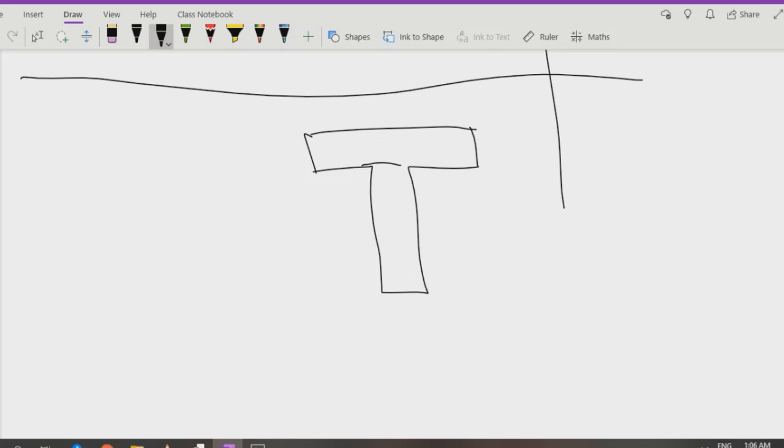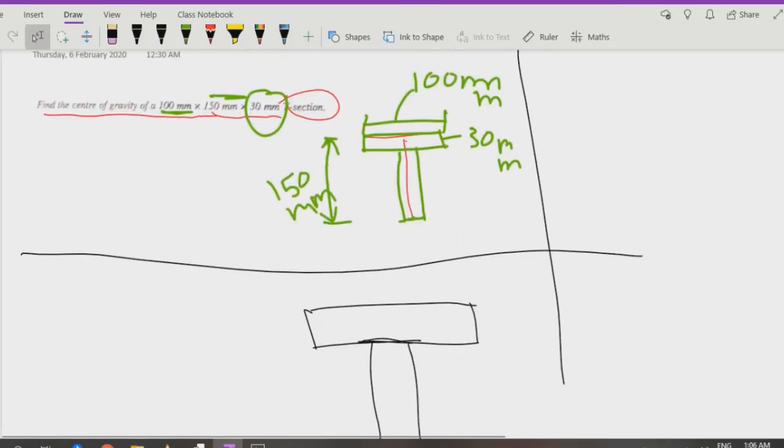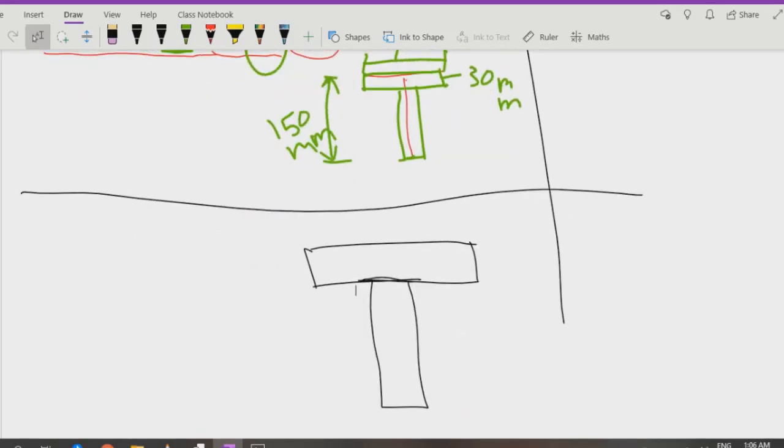Now I am dividing the upper section and lower section. I knew from the above figure that my whole length was 150 mm.